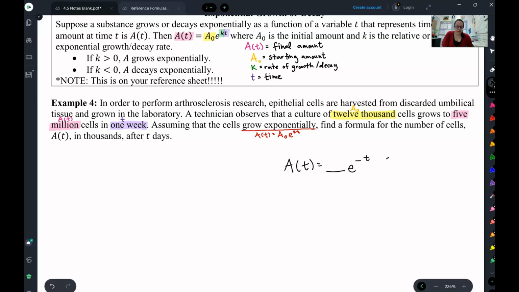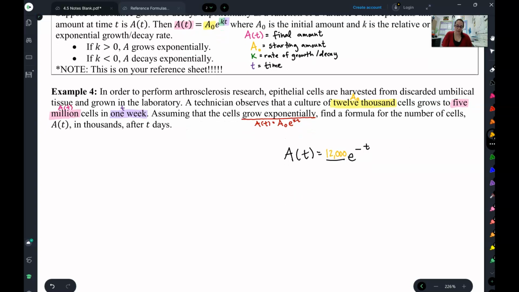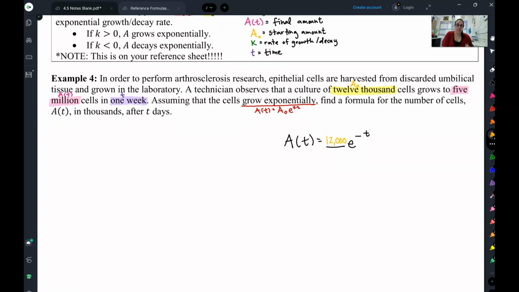So to find this general formula, I need to know A naught and I need to know K. Well, I already know A naught is 12,000. I know that one. However, I do not know K. So my first order of business is going to be to solve what K is, so then I can plug that in and I have my general formula that works for any T. So let's use the information we've got here to solve for K.